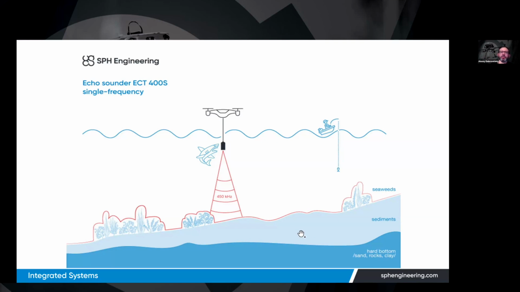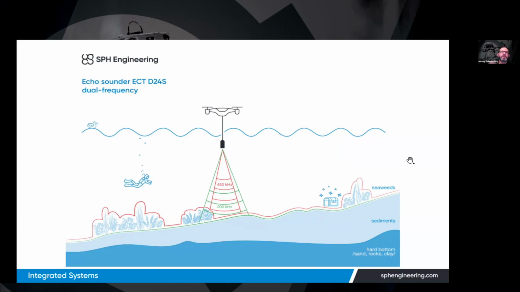But as I mentioned, that model of echo sounder has shortest dead zone, around 15 centimeters, and that's the only model which can be used to do bathymetry in very shallow water bodies.